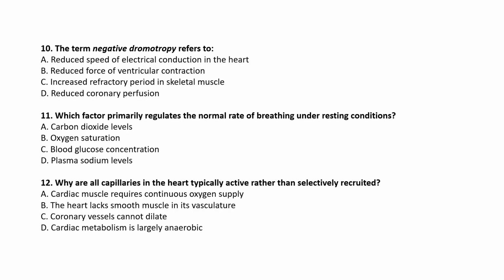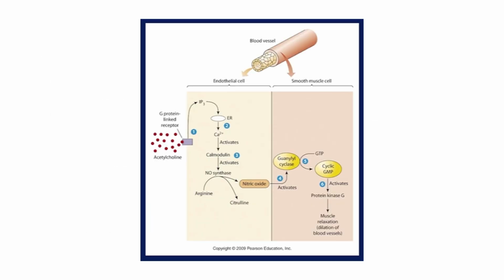Cool. All right. So now with these 12 questions, let's talk a little bit about this mechanism revolving around nitric oxide. You guys learned about nitric oxide, and how nitric oxide synthase, or NOS, is responsible for transforming arginine to nitric oxide with a byproduct of citrulline.